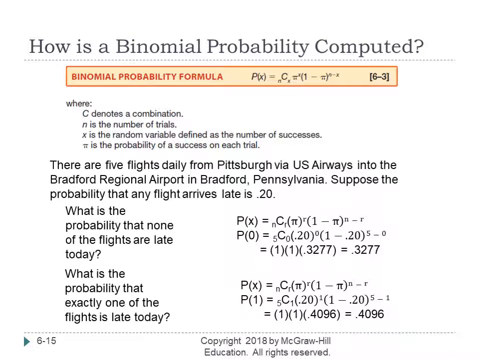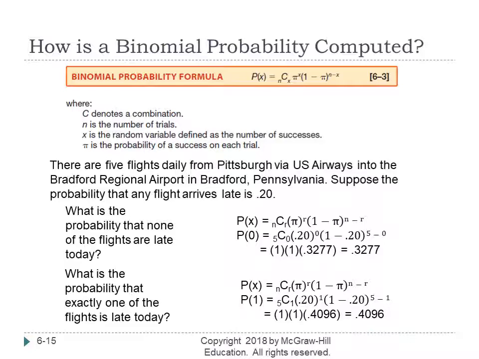The nice thing about discrete distribution like the binomial, is that you have formulas to calculate probabilities. For the binomial probability distribution, with n the number of trials and pi the probability of success, P of x, the probability for any value for x, the number of successes, is equal to n choose x.